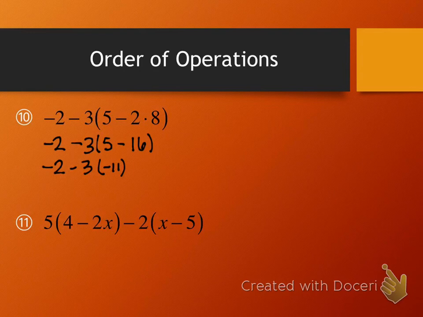And I've got the multiplication going on right here. So I'm going to write my -2 down, and I'm going to rather ignore it for the moment. What is -3 times -11? Positive 33. And that does mean plus 33 at that point. And then -2 plus 33 would be 31.